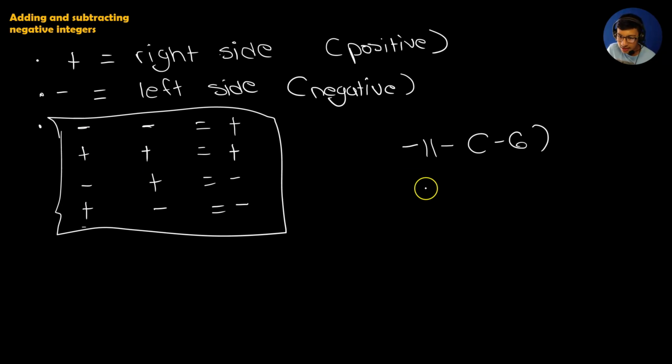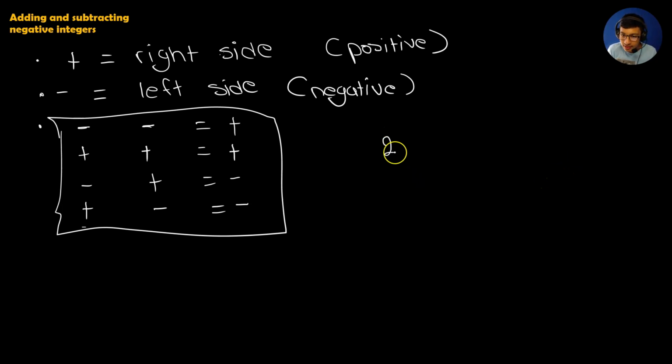So what they're trying to say is negative 11 plus 6. If we think about it, it's a plus, so we're going to the right side, the positive side, and it equals negative 5. Let's try it with a few more so we can get the hang of it.